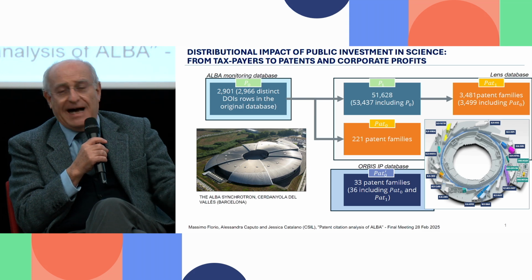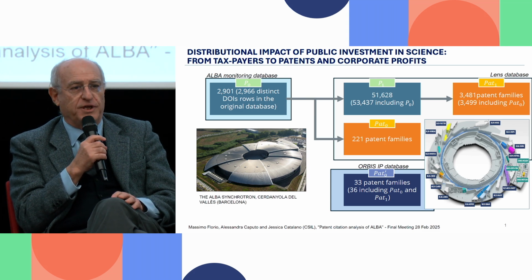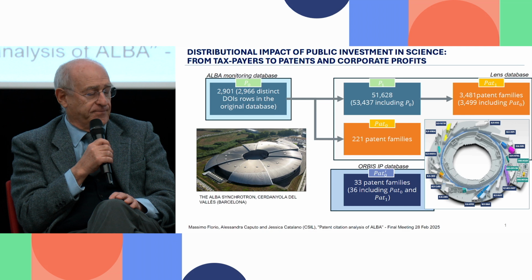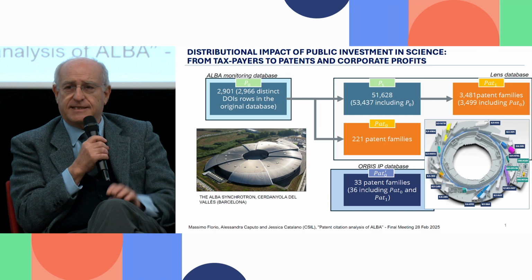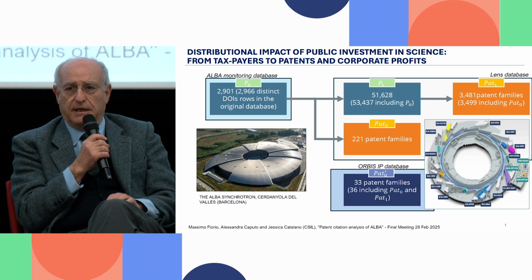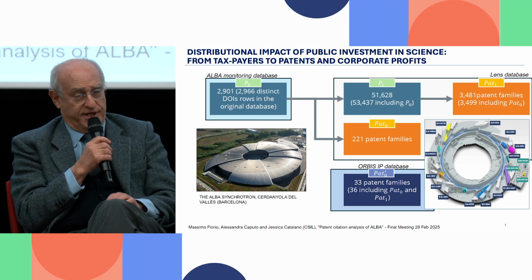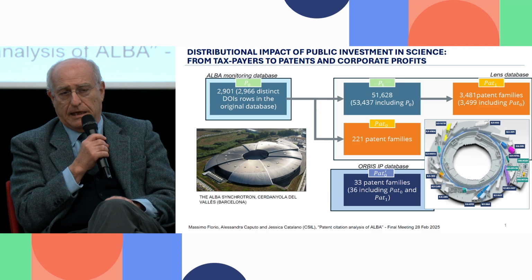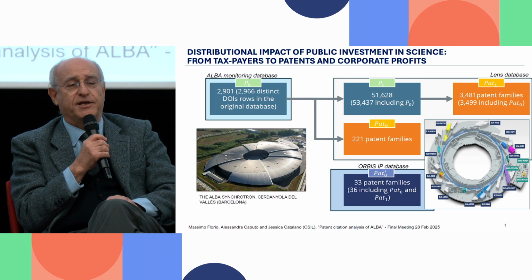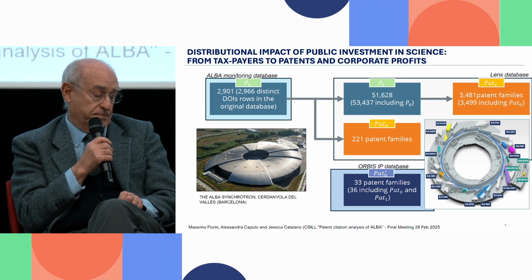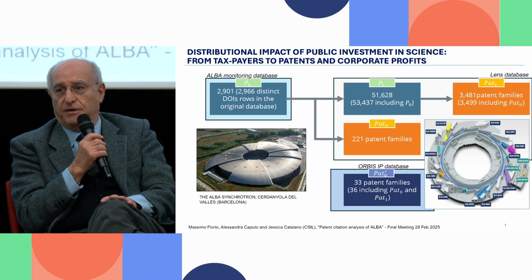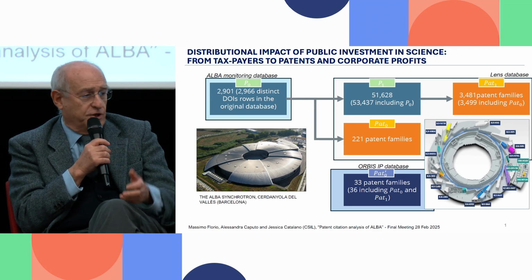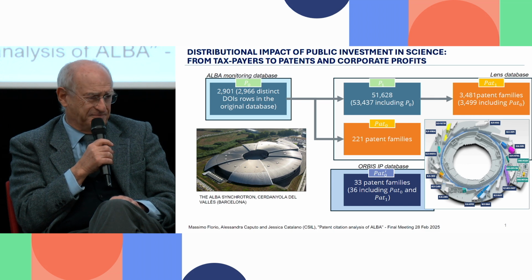So what Alba or Soleil do is accelerate electrons. These accelerated electrons generate X-rays, photons, orders of magnitude more powerful than the kind of X-rays we are accustomed to in hospitals or elsewhere.